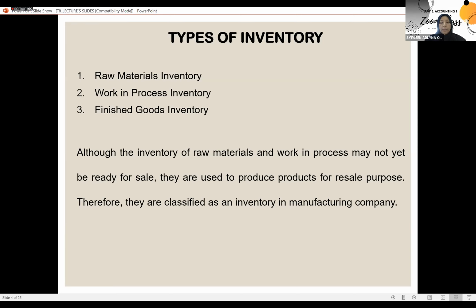Berbeza dengan apa yang kita buat di AA015, kita ialah merchandise. We focus more on merchandise and services. Tapi bila kita sebut services, you don't have any inventory, right? So we are focusing more on merchandise company lah, merchandise types of business.